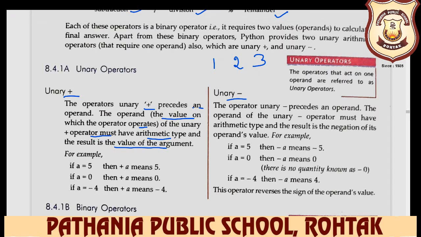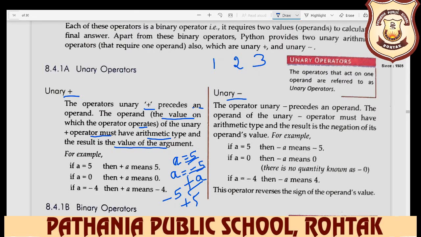For example, you write a is equal to 5, which is plus 5. And when you define a is equal to minus 5, here minus 5 is the unary minus operator. So plus a, minus 5, plus 5, minus a, these are all unary operators.